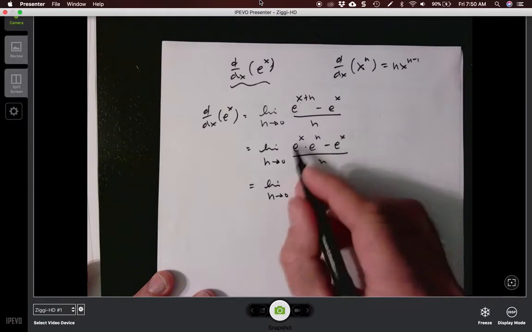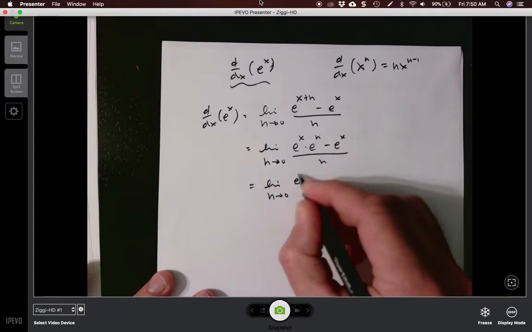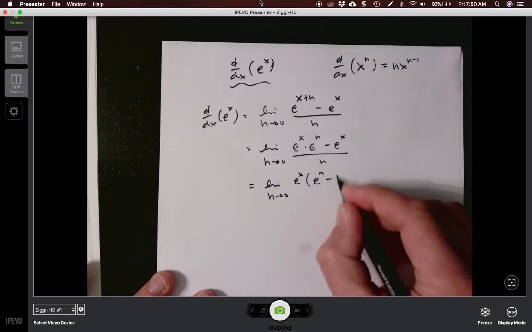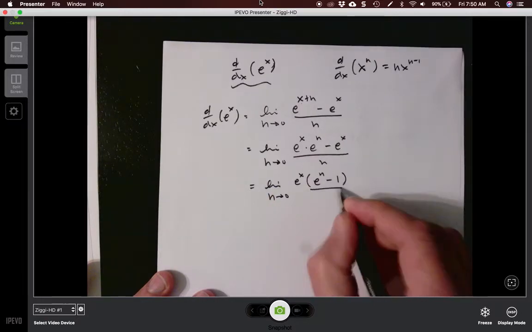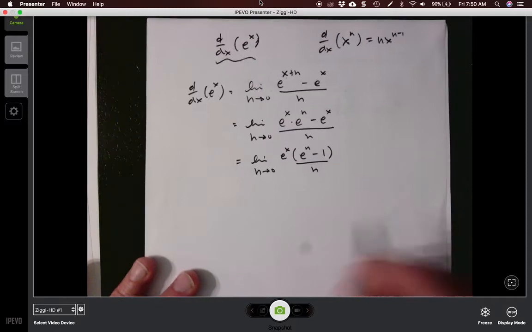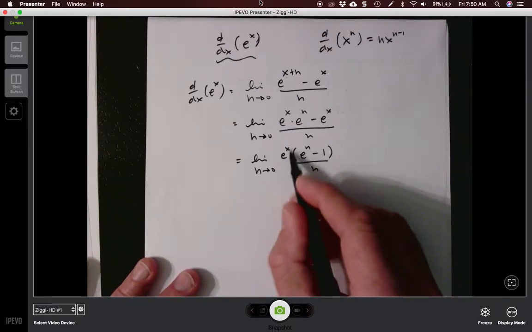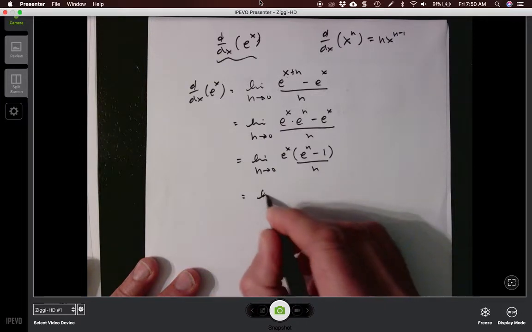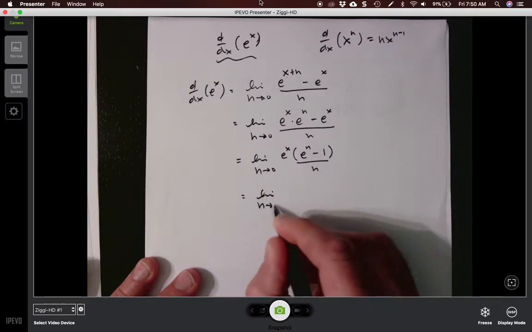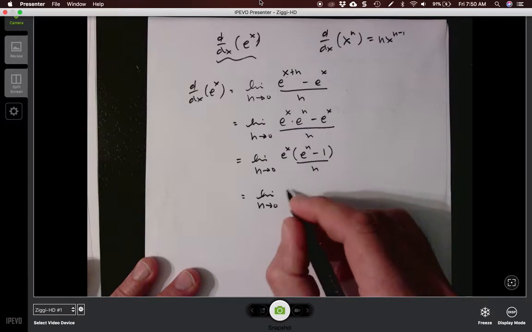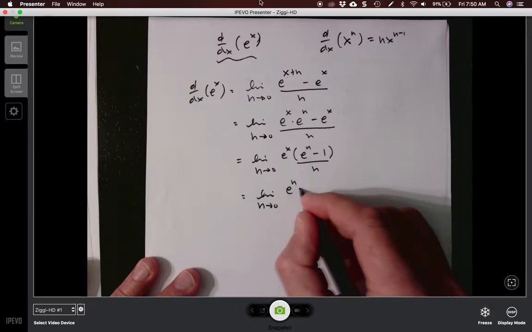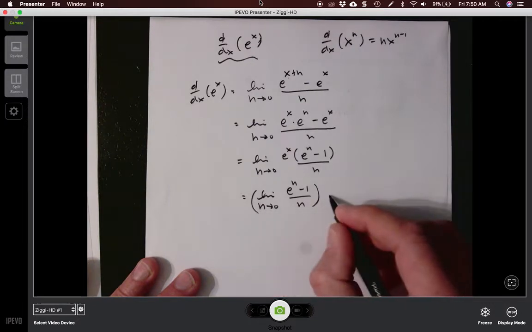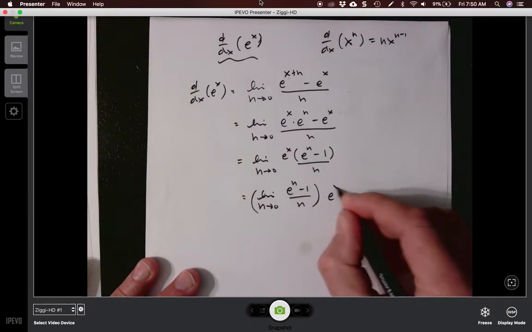If you notice, you can pull out an e to the x, and you're going to be left with e to the h minus 1, all divided by h. All right, and the other thing is that this e to the x isn't dependent upon what's happening to h. So we could say this is the limit as h goes to 0 of e to the h minus 1 divided by h, and then that whole thing just multiplied by e to the x.